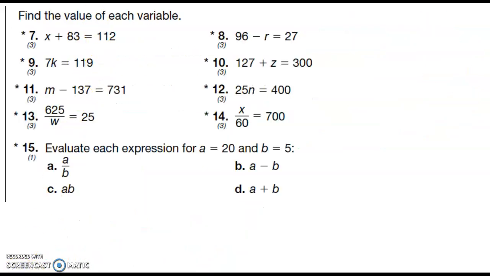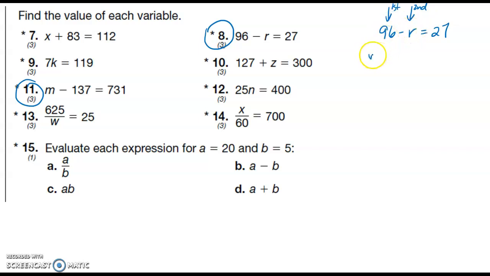Let's see what else we've got. Let me do this. I want to look at some subtraction problems. I want to look at 8 and 11, because they're both subtraction problems, and I want to give you a rule as to how to know what to do. Up here where it says 96 minus r is equal to 27, I notice that the variable is in the second spot, because this is the first spot and this is the second spot.